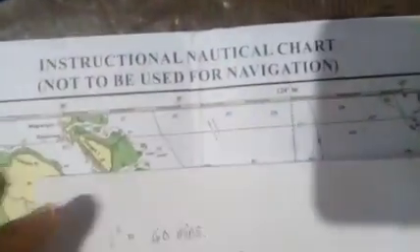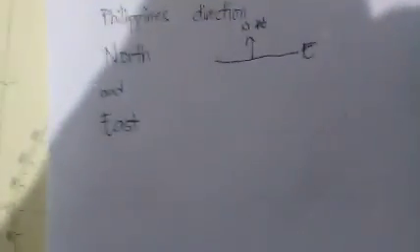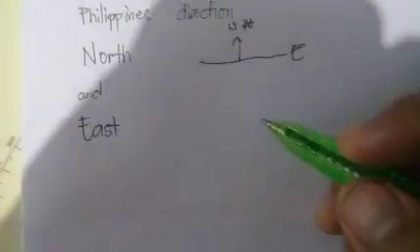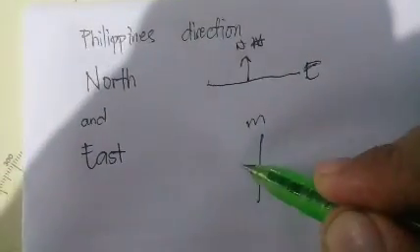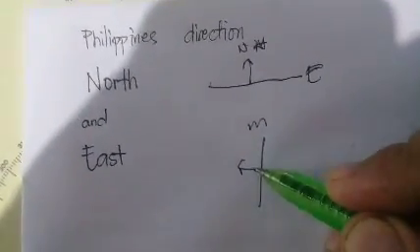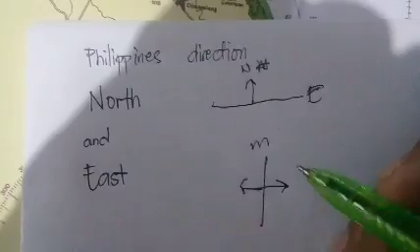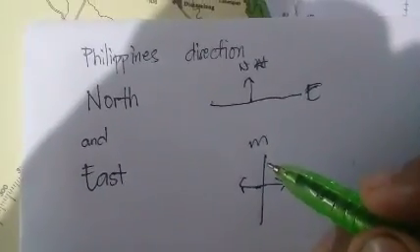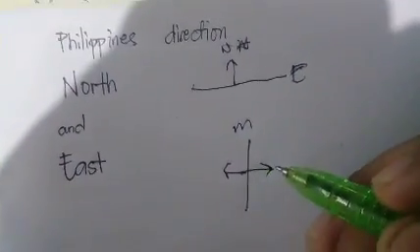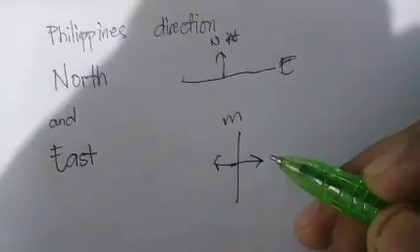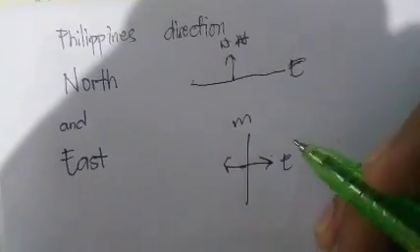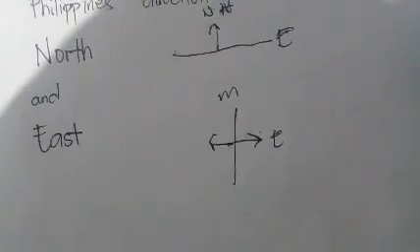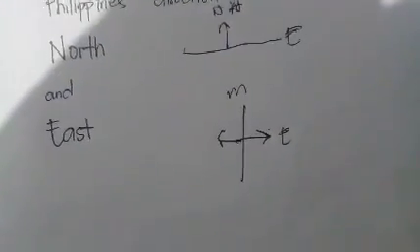And how about the sign? Since the Philippines is located on the right-hand side of the meridian, if this is the meridian, this is west and this is east, since the meridian is located on the England side. That is why we need to put the sign east, since it's located on the right side of this diagram.